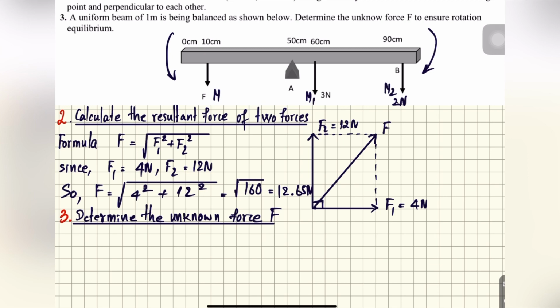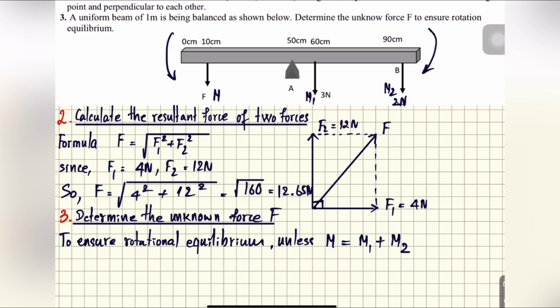So to make it balanced, to ensure rotational equilibrium, the moment in anti-clockwise needs to be equal to the sum of moments in clockwise, M1 plus M2.